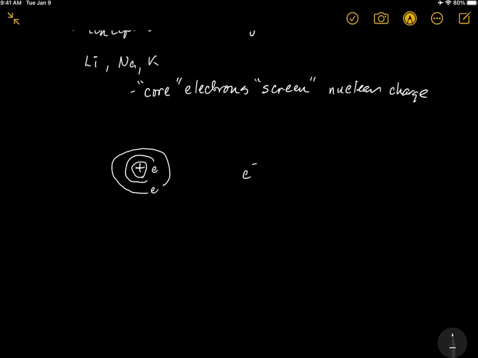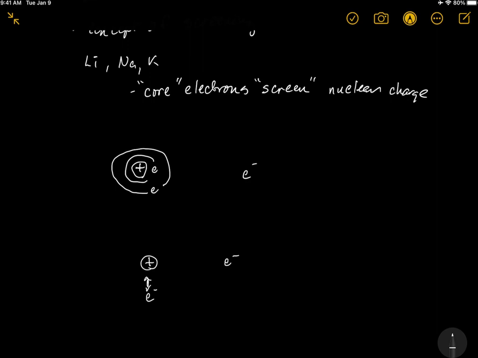It also, of course, is going to occur even if you have two electrons in the same orbital. Even if they're in the same orbital, since there's an electron cloud, some fraction of the time one of the electrons is probabilistically going to be a little bit closer to the nucleus, and it's going to experience maybe the full nuclear charge.